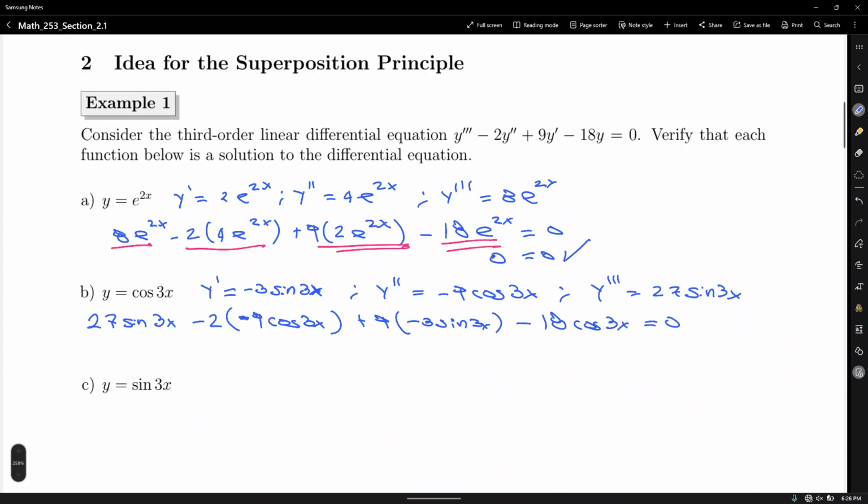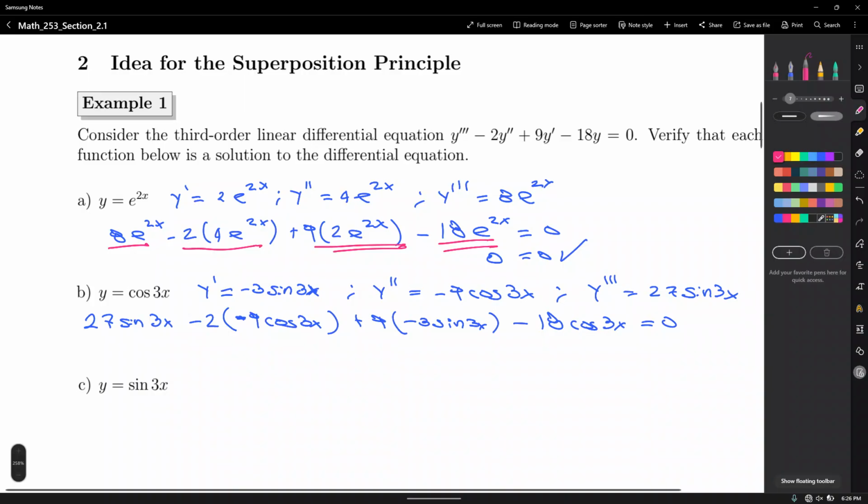Let's combine everything together. It makes it easier because we combine cosines with cosines and sines with sines. So 27 sine 3x and minus another 27 sine 3x, and positive 18 cosines and then minus 18 of the same cosines. So it is a solution.